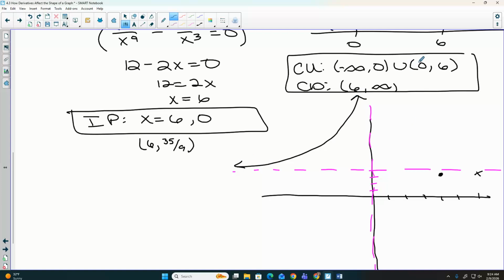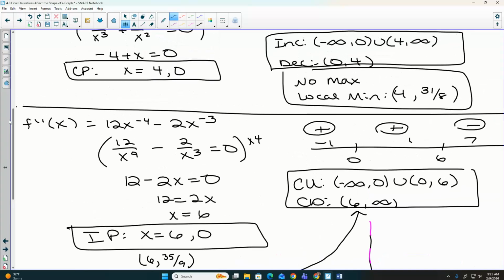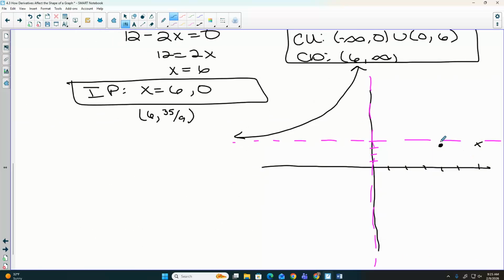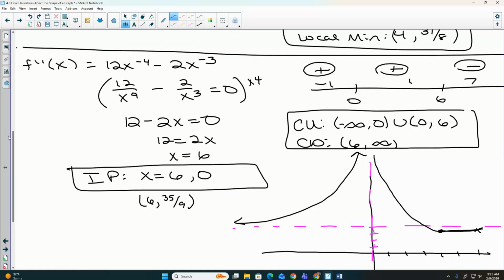Okay, from 0 to 6, it's still curving upward, but my graph is decreasing until I get to 4. So it's decreasing, curving upward. That means I'm hitting this min. Now we're still increasing, but it's curving downward.